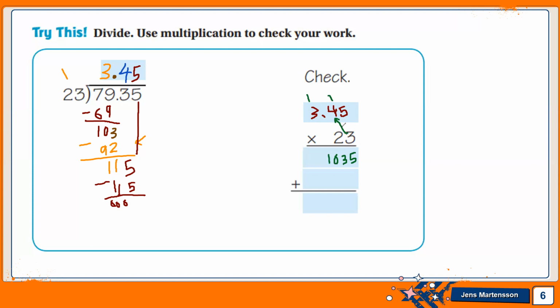Bravo. Then 2 times 5, 10. Then 2 times 4, plus 1, 9, and 2 times 3, 6. Yeah, let's add them together now.